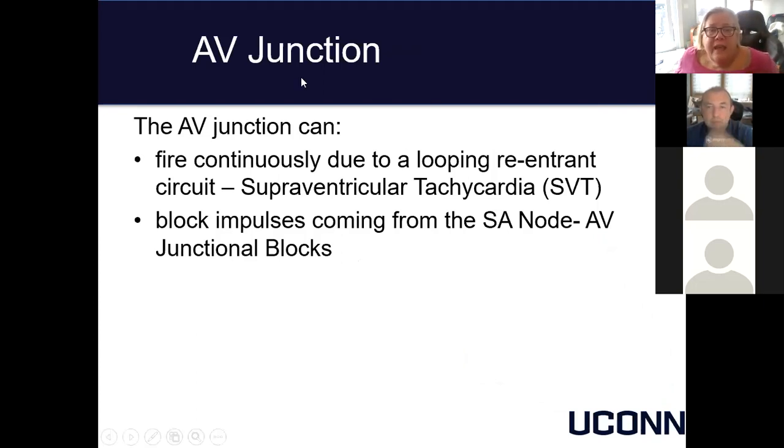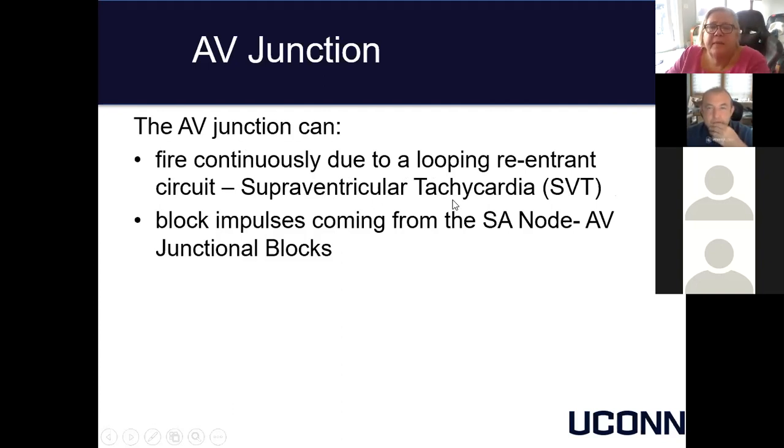So when the AV junction tries to take over, it can try to be the leader of the band. And if it, again, ends up with this re-entry looping circuit, you end up with supraventricular tachycardia. So we talked about ventricular tachycardia briefly.